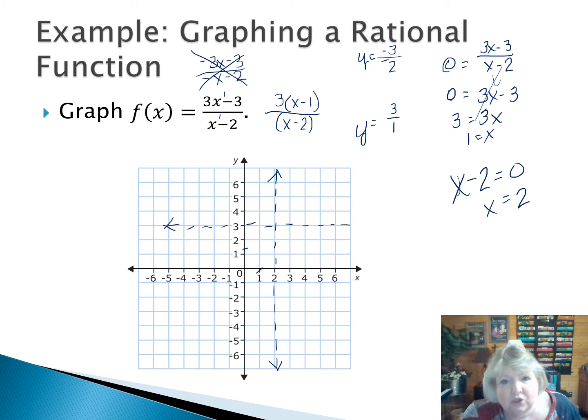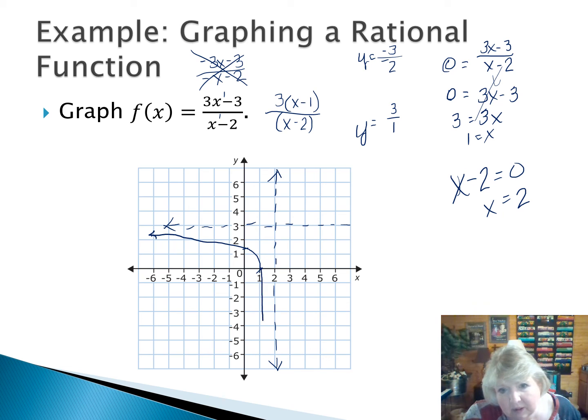Okay, so this is going to be a curve, bound by both asymptotes. It's going to hit at 1, and it's going to hit at 3/2, and it's going to approach the asymptote without bound.